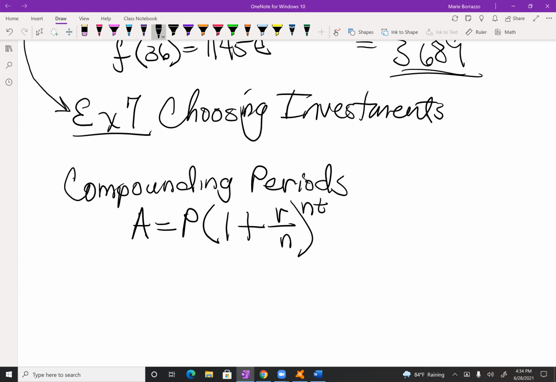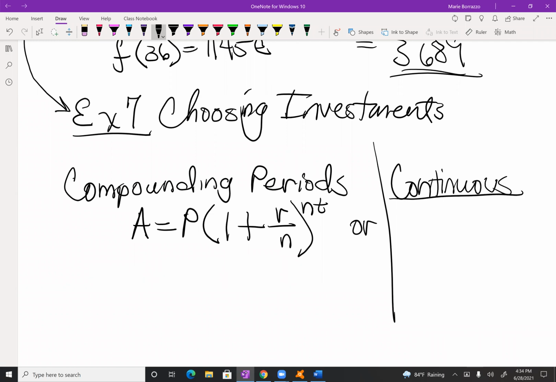N is your compounding period. Or if you have continuous compounding. If they ever say the word continuous compounding in the question, as opposed to quarterly or semi-annually, then you're going to use PERT, where future value is equal to the present value times E raised to the rate times time.